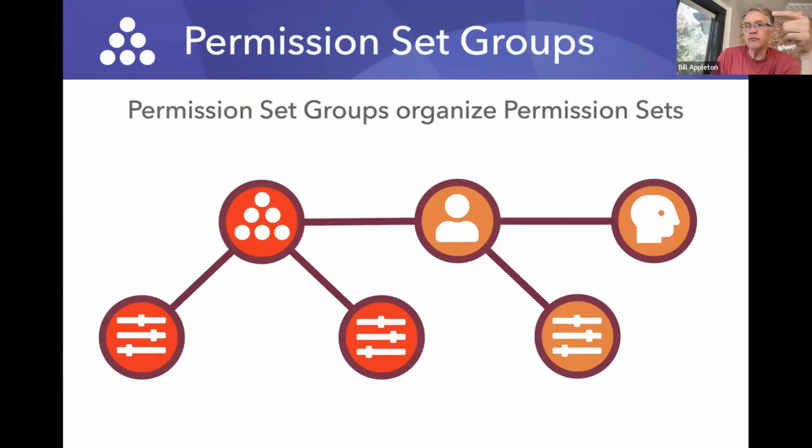And now with permission set groups, you can also assign a permission set group to a user. The permission set group can be any combination of permission sets that are in the group. So this is a really powerful new idea that lets you bundle up a bunch of permissions and assign them with a single assignment. So it's super, super useful, permission set groups.